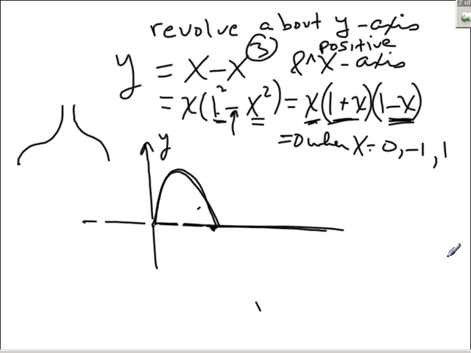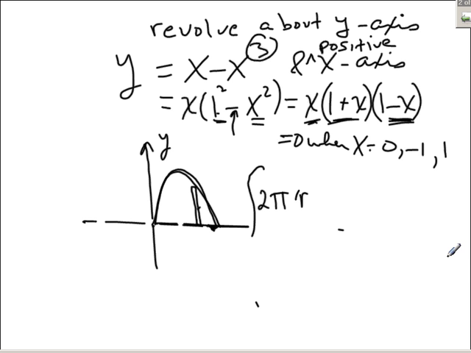Okay, so let me just get a little bit more space. Let me erase this up here. Now, if you're revolving around the y-axis, or parallel to the y-axis, you put your vertical strips that way. So it's 2 pi r times h, in this case, times dx, because those are delta x's.